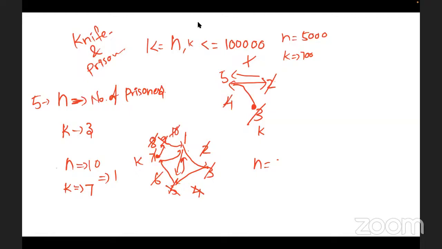Five thousand divided by 700. So 7 will win. Well, 7 is 2 power n minus k. Okay, 2 power n minus k.